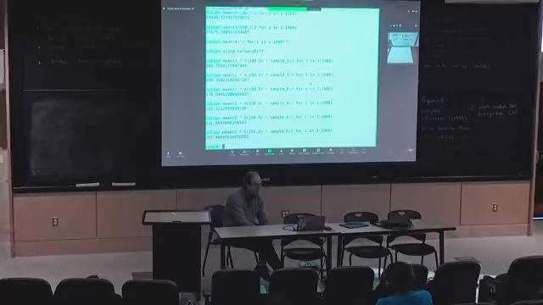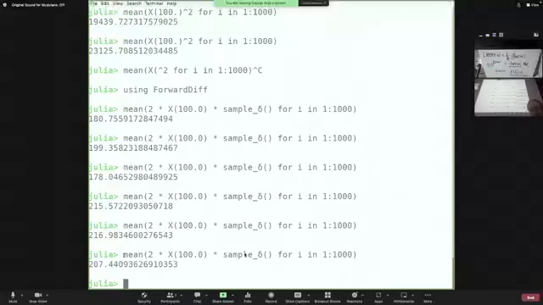Gaurav, shouldn't that have been the same omega in the x100 and the sample delta? Right now you're using independent random numbers in x100 and sample delta in that 2 times x times sample times delta. Yeah, you're right. So this is probably not the right answer. They should have really been the same random number.